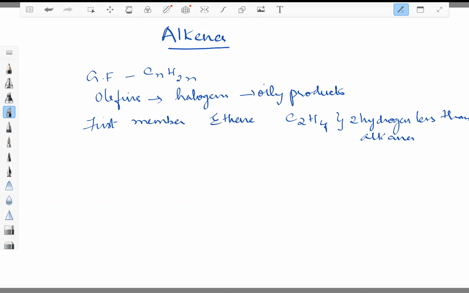The subsequent members of the group are nothing but C2H4 is the first member. The second one is, it has one double bond here.